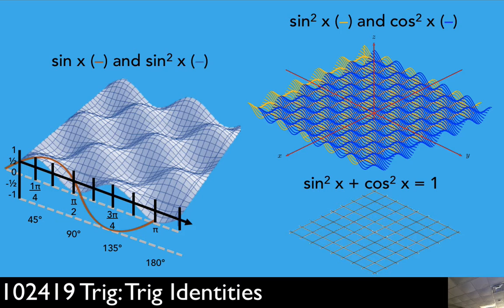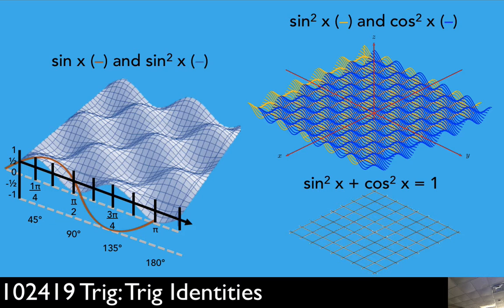And sine squared is like this. It creates a surface like an egg container. If you look at sine squared, which is in yellow, and it's out of phase by 90 degrees from the cosine squared of x, it has this blue shape.